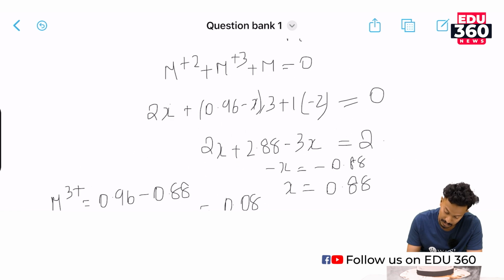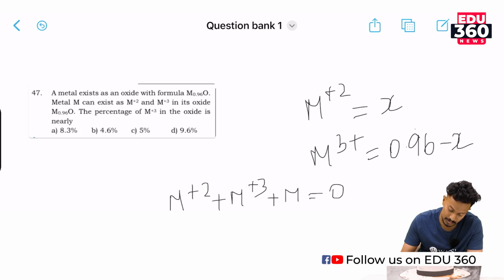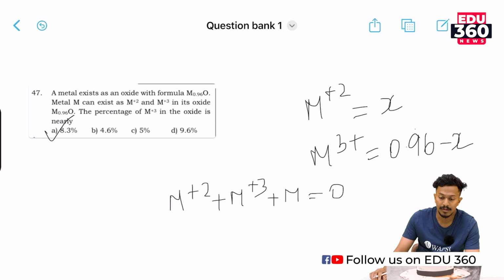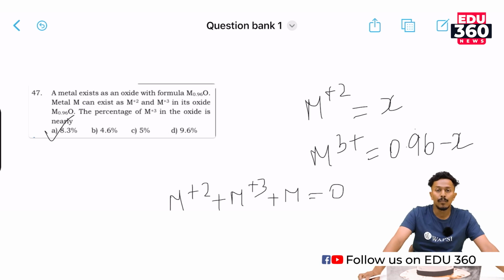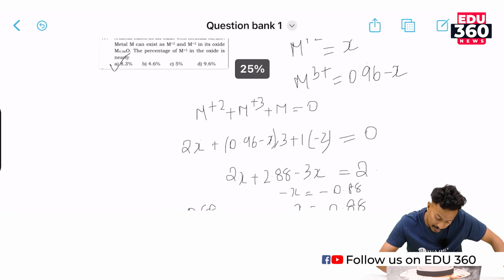So the correct option for this question would be option number A. Am I right? Yes, option number A is the correct answer for question number 47, 8.33%. Are you familiar with this one? This is a simple basic concept, right? We'll move on to our next question.